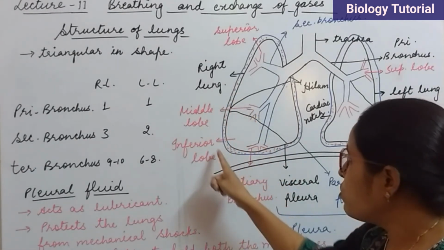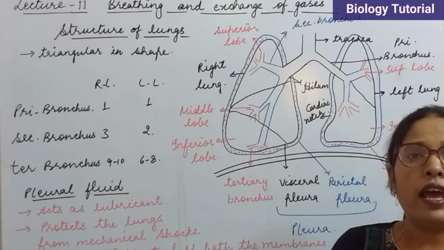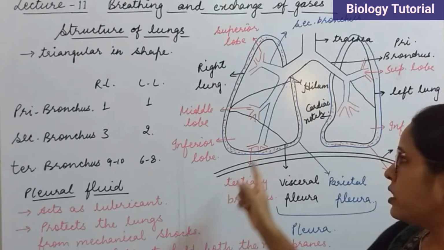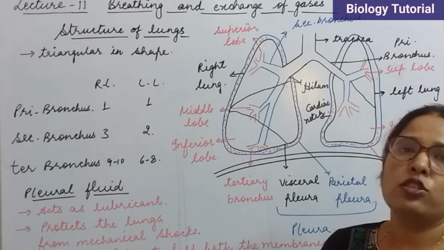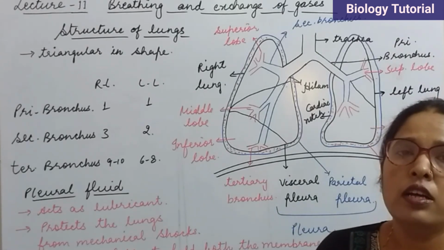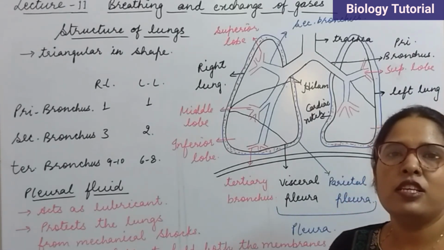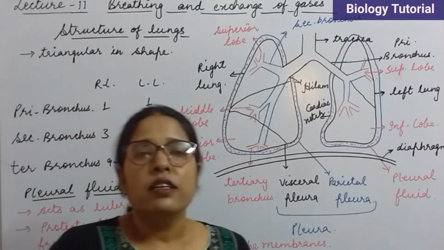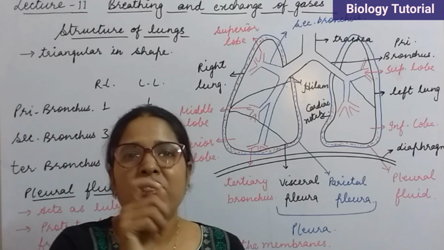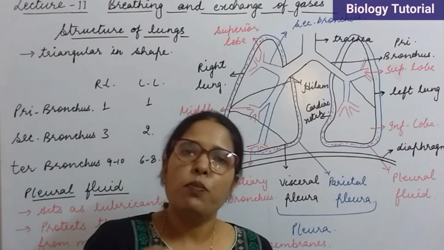The outermost layer of lungs is called pleura. The inner pleura is called visceral pleura, and the outer pleura is called parietal pleura. The space present between these pleural membranes is called pleural cavity, and the fluid present in this cavity is called pleural fluid.